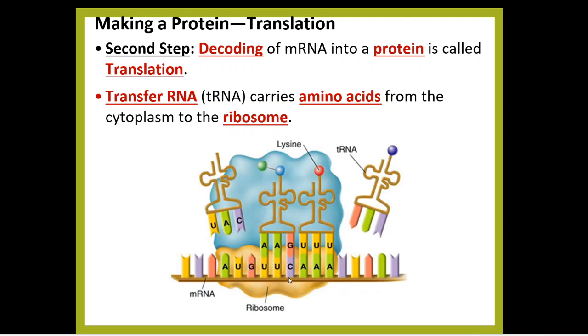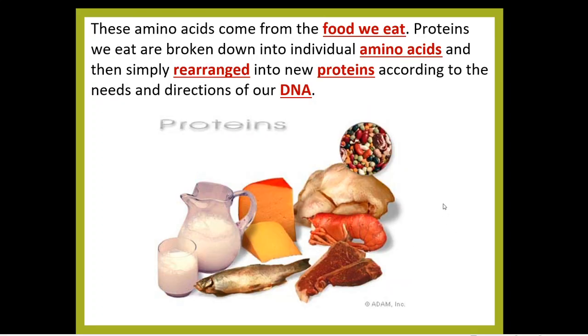So UUC, of course, will give us a tRNA of AAG. This is what we read, and I'll show you how we figure this out, it will code for a certain amino acid. Here, if we have AAA, it codes for lysine, and that's a certain amino acid. So those groups of 3 actually tell us what amino acid to bring, okay?